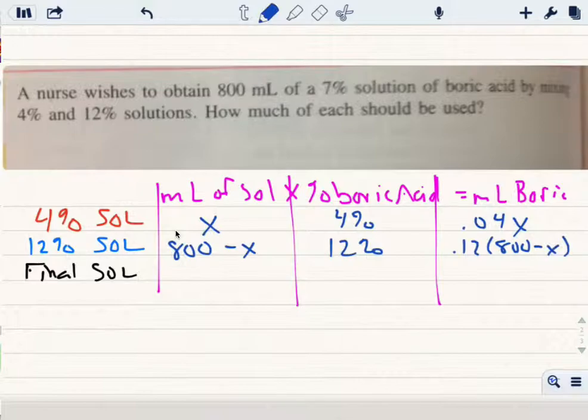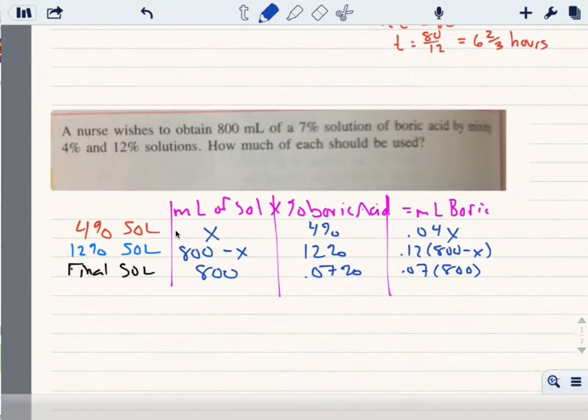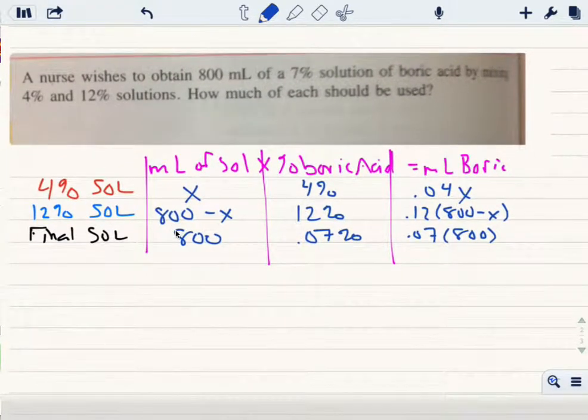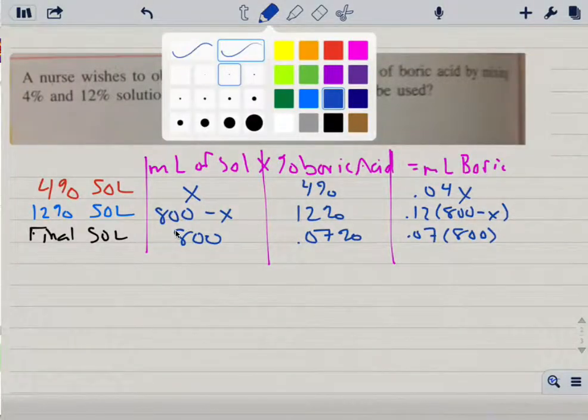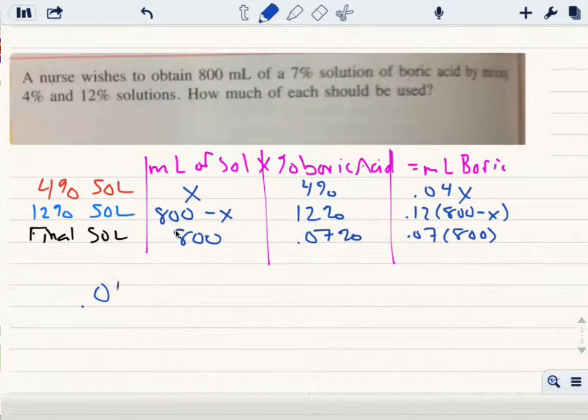My final solution has 800 milliliters at 7%, which gives me 0.07 times 800. So what I know is the top two rows, if I add those together, I should get the bottom row.